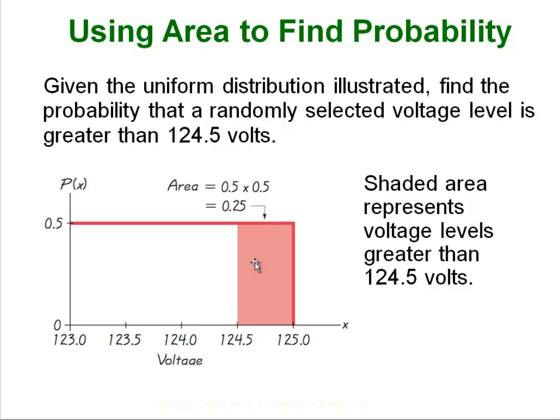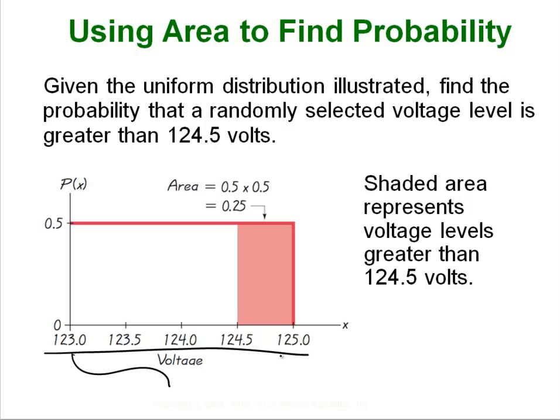You can get volts of 123.1, 123.001, etc. And because it is a uniform distribution, that means that at any given point in time, the circuit has an equally likely probability of being any of these voltage measurements from 123 to 125.